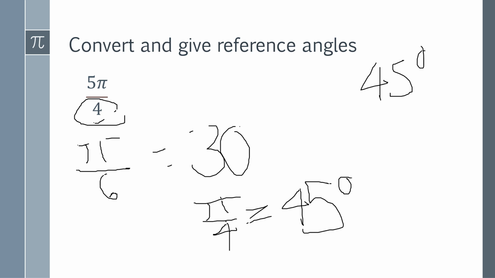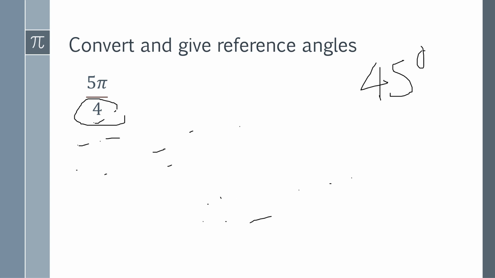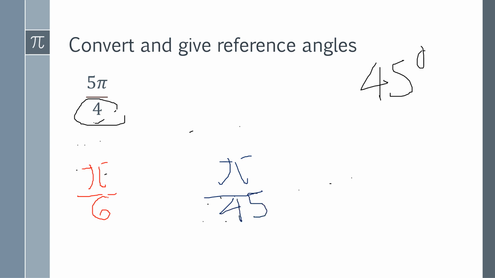Because all you have to do is look at the denominator and see, does it fit one of our magical radians, like pi over 6, which is 30, pi over 4 being 45, and pi over 3, my bad, is 60 degrees.